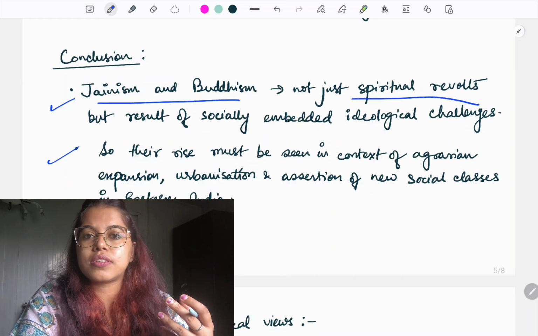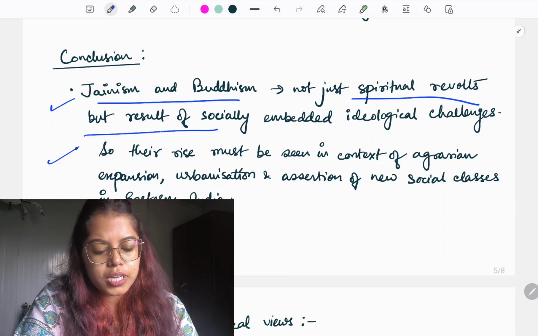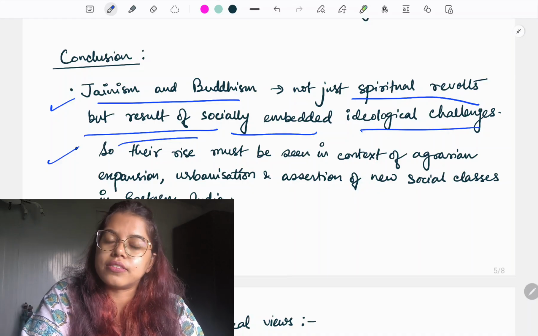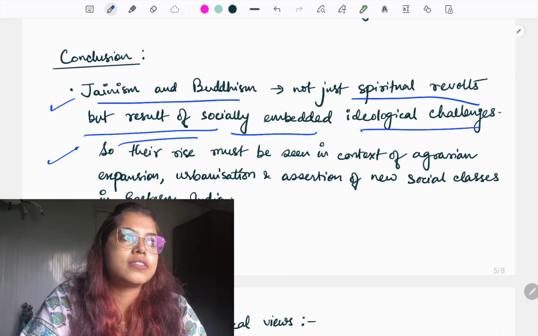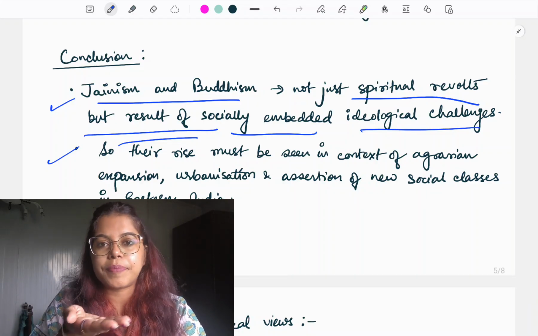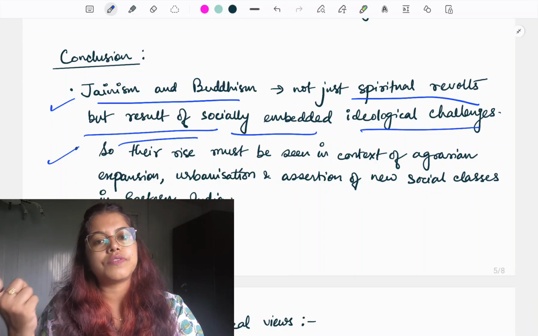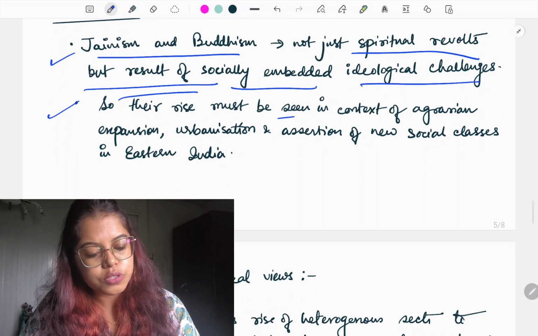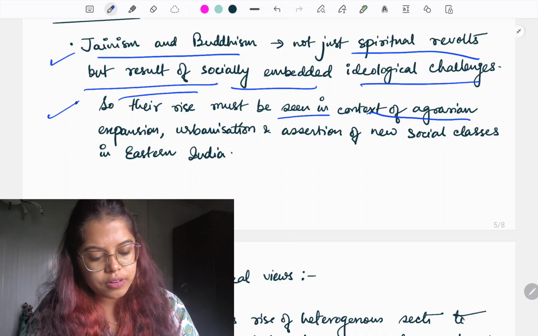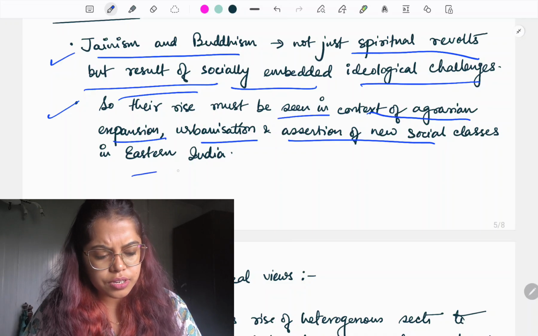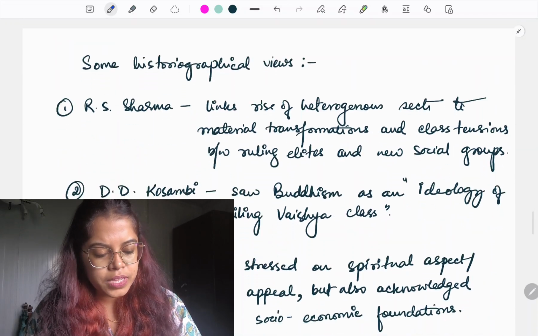That is, it was not just an ideological revolt, but the result of socially embedded ideological challenges. That is, the crisis brought about by the Brahmanical orthodoxy had created the bedrock upon which the ideologies of Jainism and Buddhism got acceptance, right? Next is the rise. The rise must be understood in the context of expansion, urbanization, and assertion of new social classes in Eastern India. Okay?